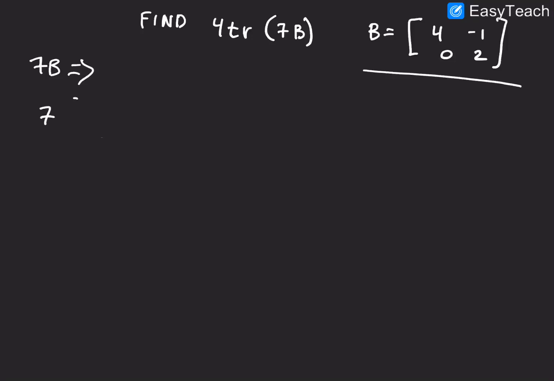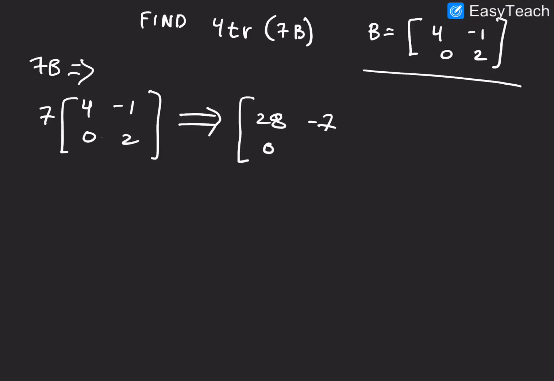So we have 7, and our B is 4, -1, 0, 2. So that is going to equal, we have to multiply that 7 into every single term of the matrix. So 28, -7, 0, 14. Right, so 7 times 4, 28, 7 times -1, -7, 7 times 0, 0, 7 times 2 is 14. So this is equal to 7B.